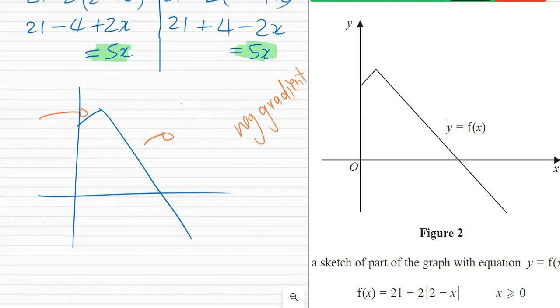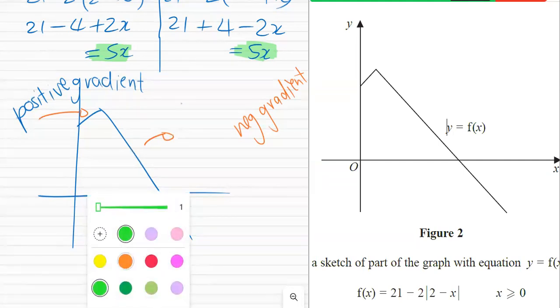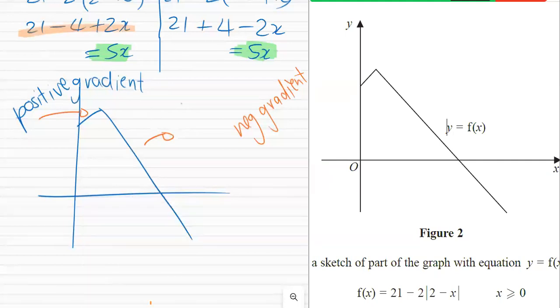So one of these has a negative gradient and one has a positive gradient. Let's look at our two options. These two options that we have made work for this graph. So we have this one first.